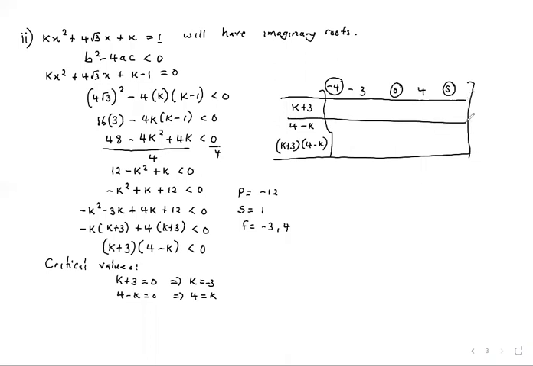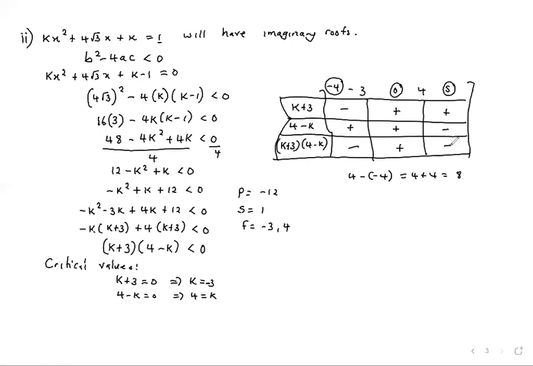So we test. Negative 4 will give us a negative here and a positive here, since it will be 4 plus 4, which is 8. Then the product will be negative there. 0 will give us a positive, and 5 gives a positive, negative, negative.